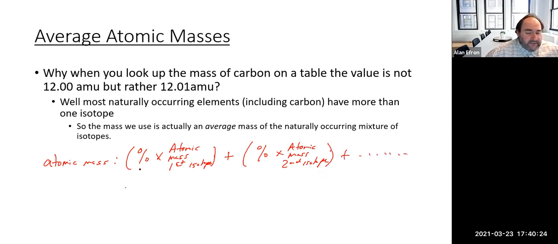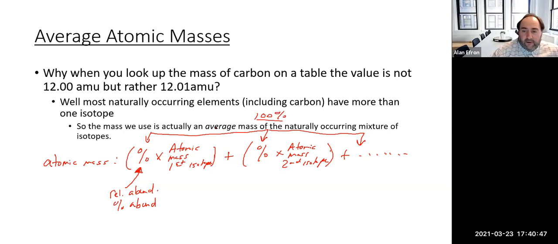This percentage, as we'll see a little later in this chapter, is sometimes referred to as the relative abundance or percent abundance of an isotope. And obviously, if you have all the naturally occurring isotopes, when you add up the percentages, they should technically equal 100%, right?